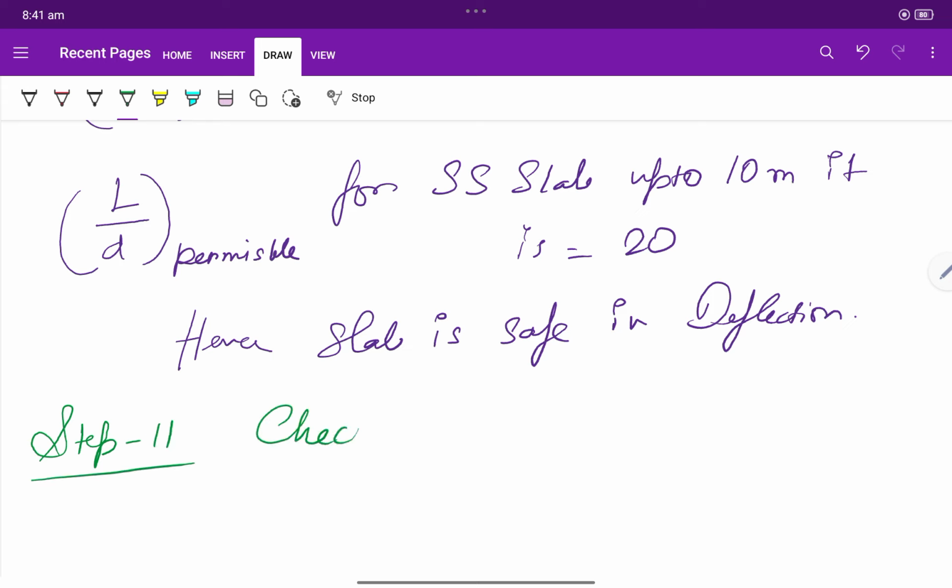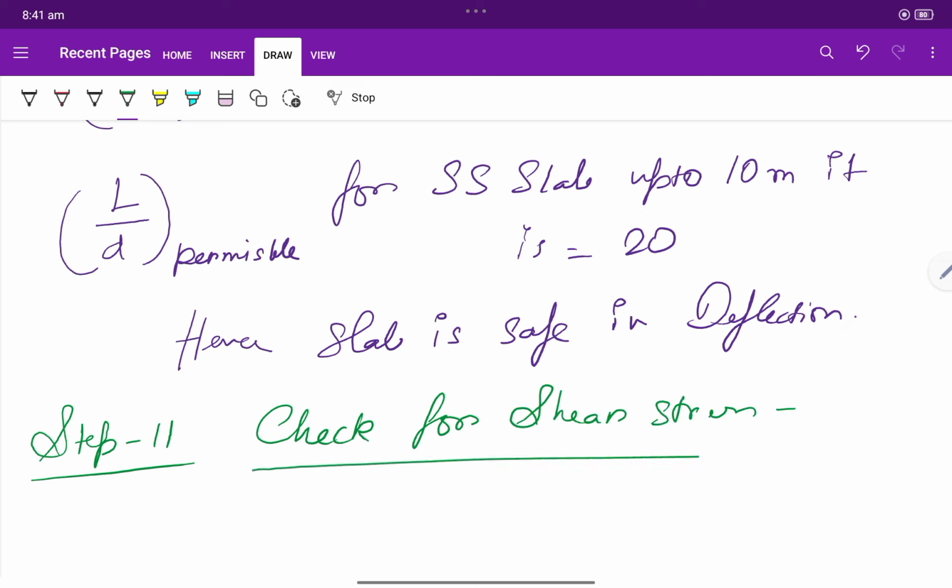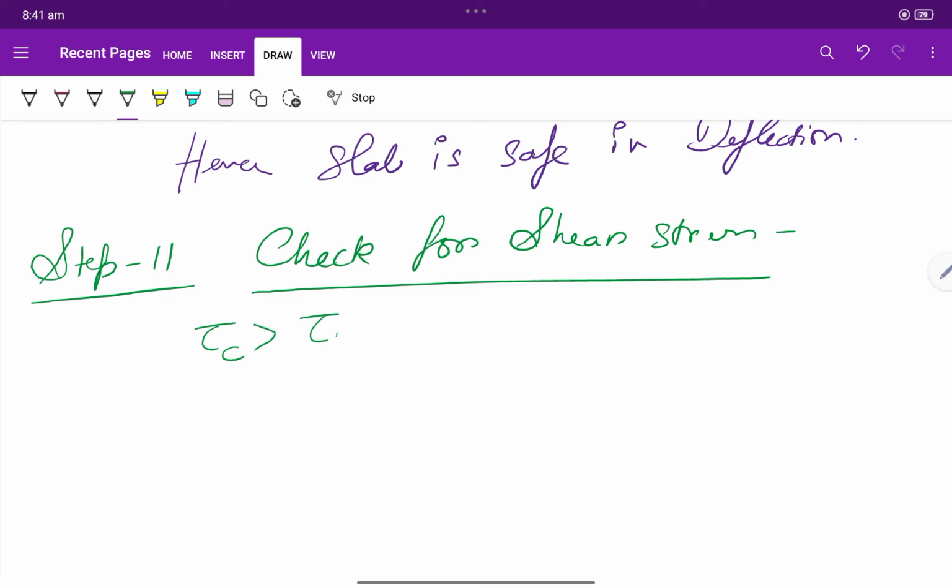Check for shear stress. We know that we have to check that tau c should be greater than tau vu, the nominal shear stress, so the section will be safe. First we will calculate tau vu equal to vu divided by b into d.